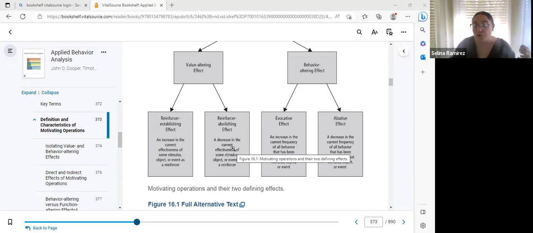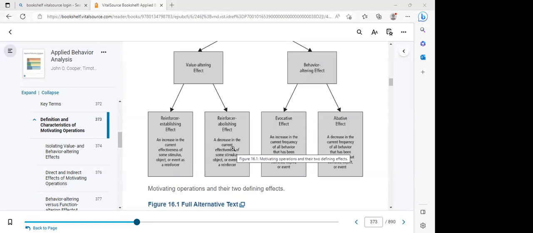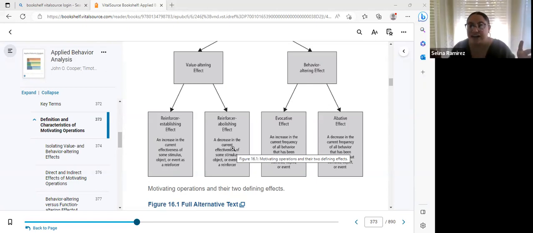We have to withhold it. So that's where satiation, and what's the opposite? Deprivation and satiation comes into effect, right? We are going to deprive them of the free access to money so that it can become motivating.